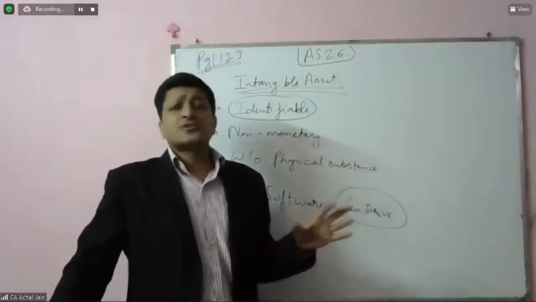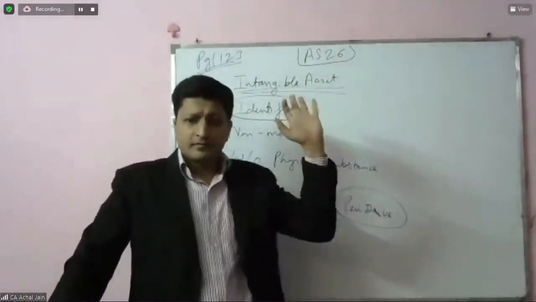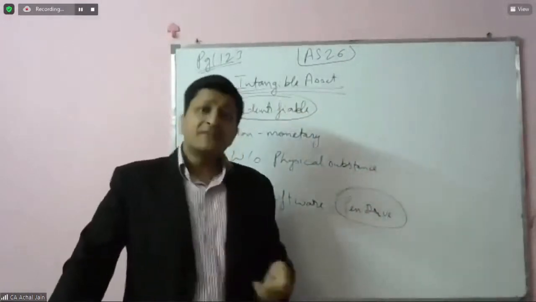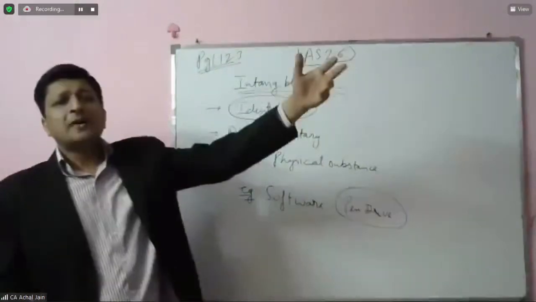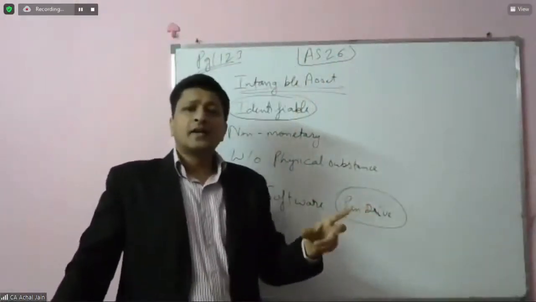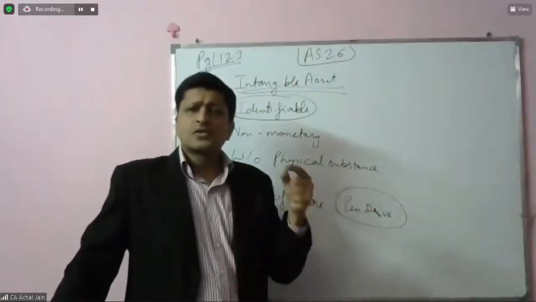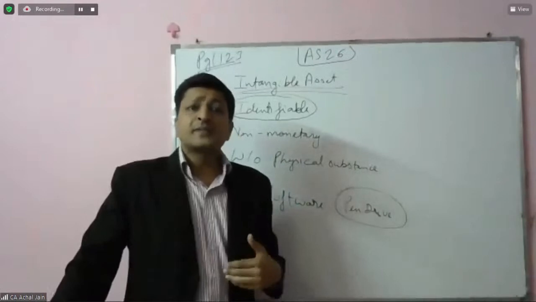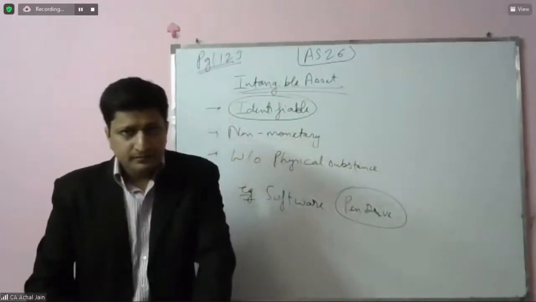Let's suppose there are no restrictions attached. This can be sold to a third party, and when this is sold, no other party would get access other than that third party to the economic benefits which are attached to the software. So what does it become? It becomes something which is separable, which is identifiable.